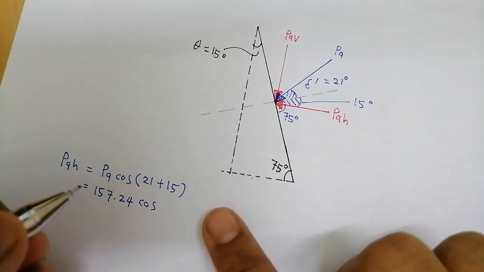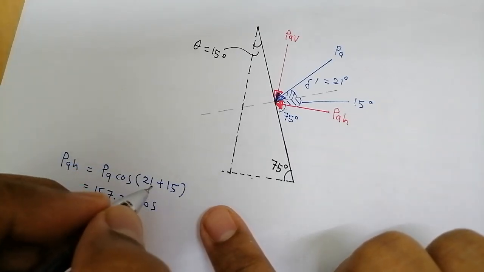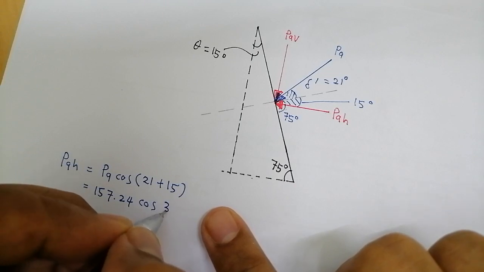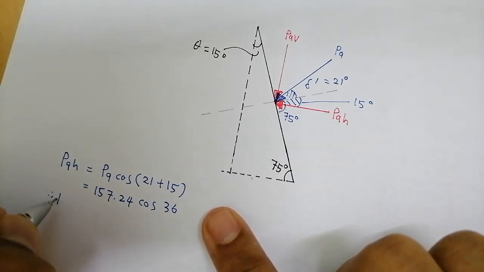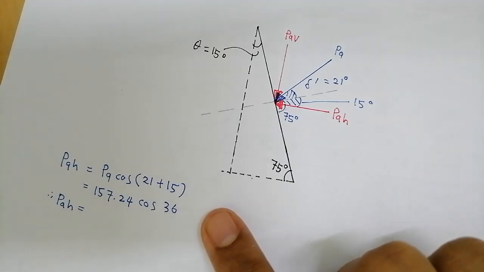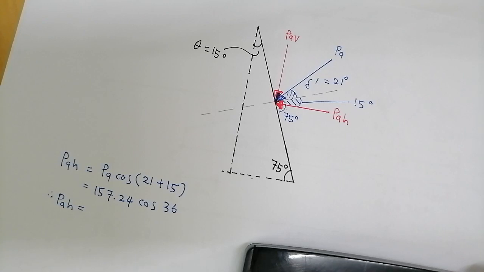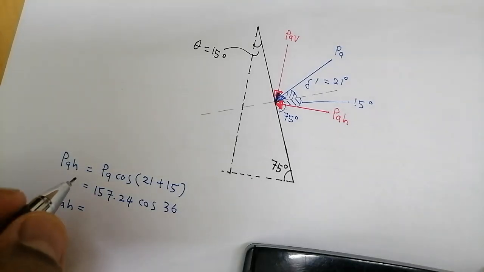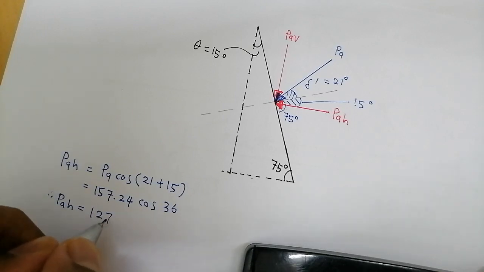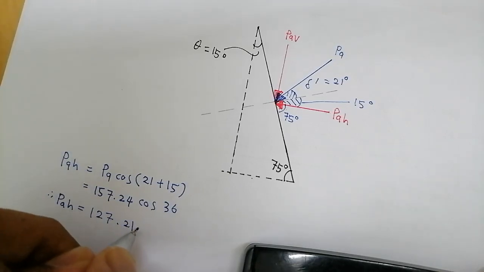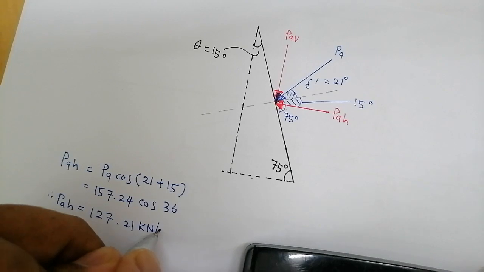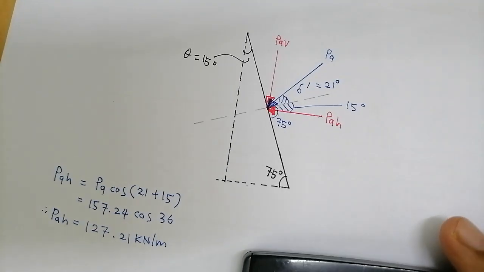Cos of 21 plus 15 is 36. So therefore our PAH is, just bear with me, 157.24 cos 36, so this is 127.21 kilonewton per meter. That's PAH.